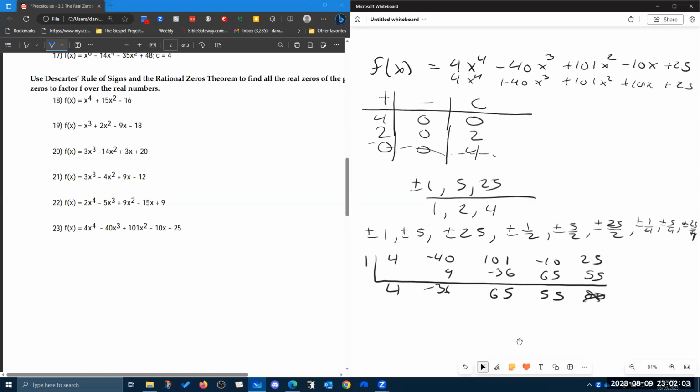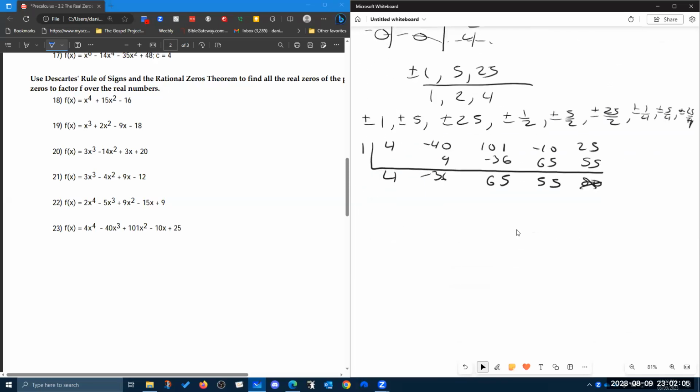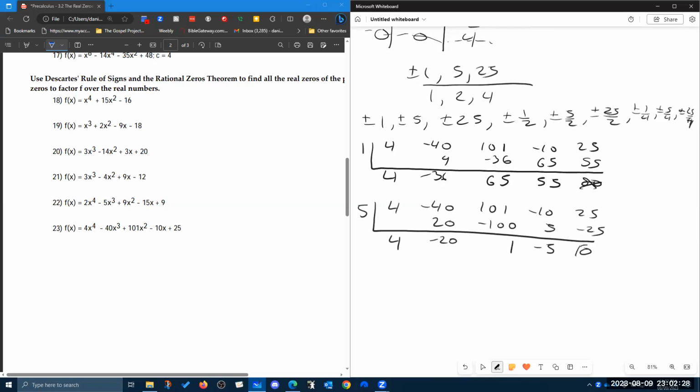That's not going to work. So 1 wasn't my answer. I'm ignoring all my negative answers because there were 0 negatives. Negative 20, negative 100, 1, 5, negative 5, negative 25. There we go. So there's an answer.